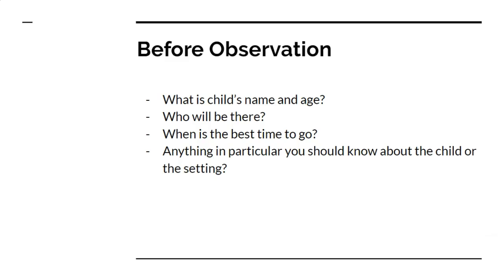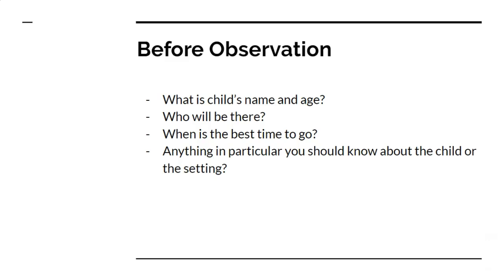Before you do your observation, there are some questions that you want to ask yourself and be able to get those answers. First, you want to know some general information about the child, such as their name and their age. You also want to know who might be there when you go and do your observation. And one key important point is that you need to go and do your observation when the child is going to have a caregiver present.